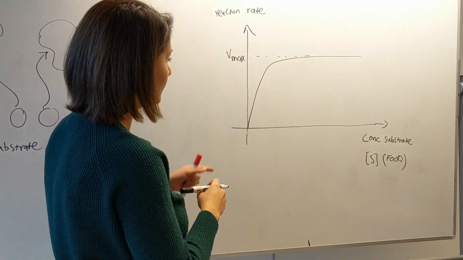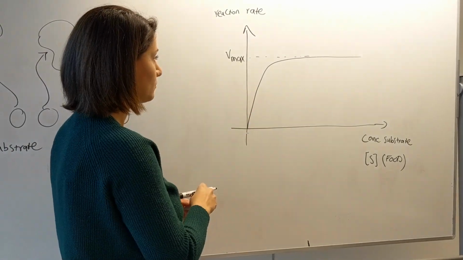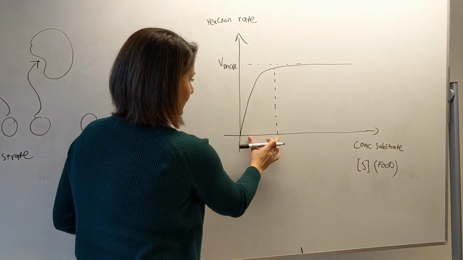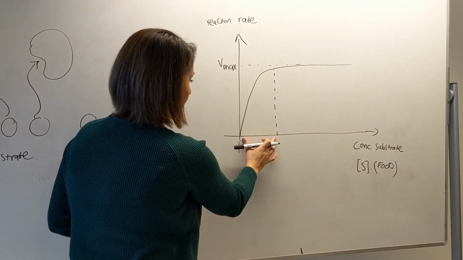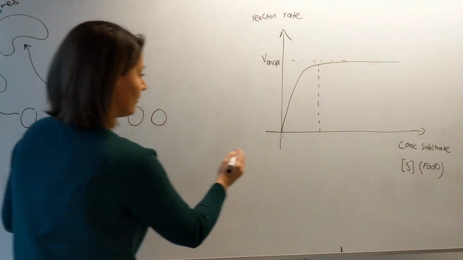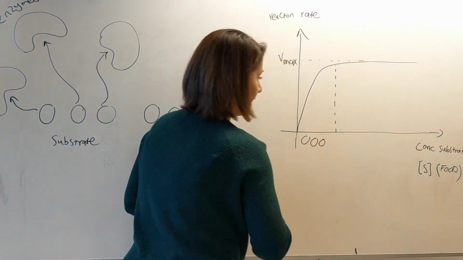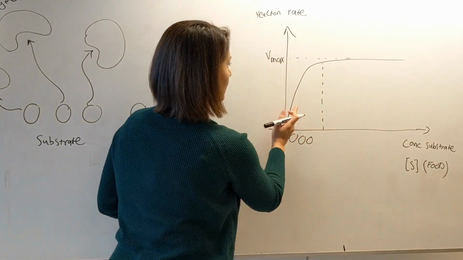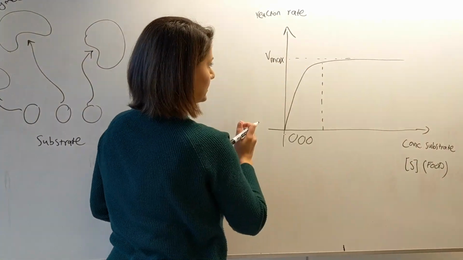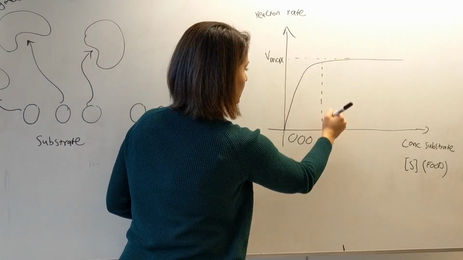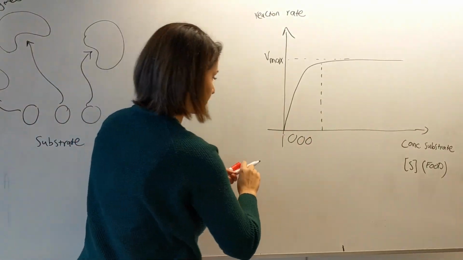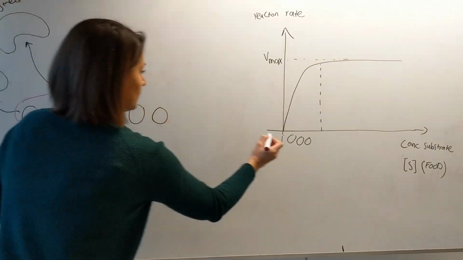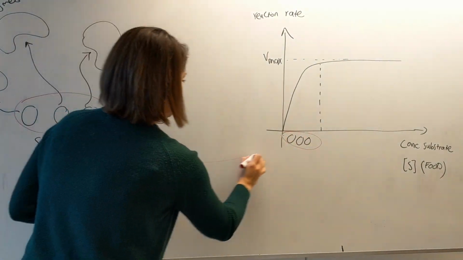But what this plot shows us is that when we are in this area, let's assume we have 3 substrates, and when we add more substrate, the reaction rate increases until we get to this point, and then these 3 are exactly the same as these 3.